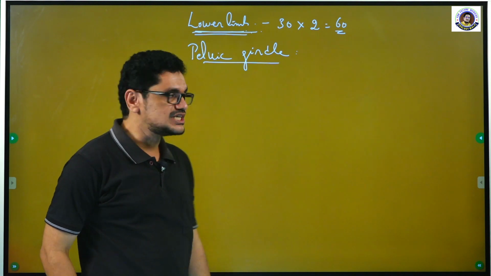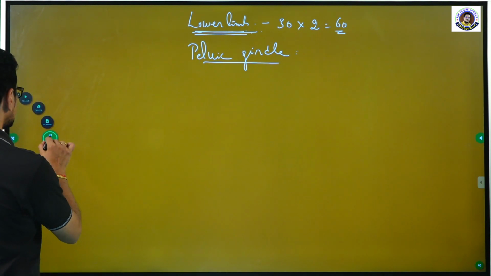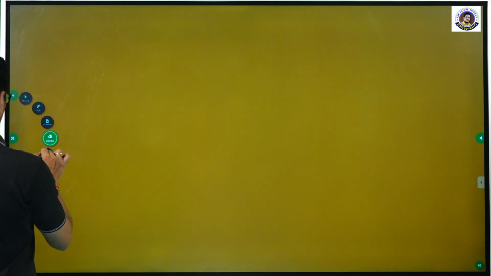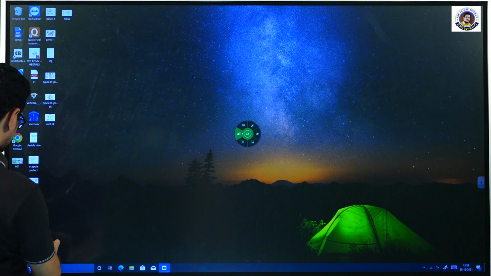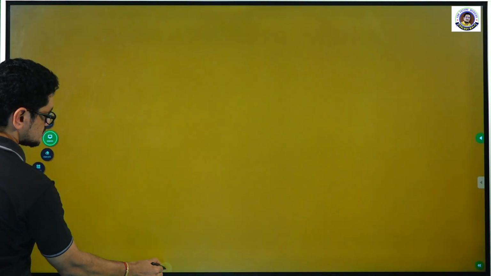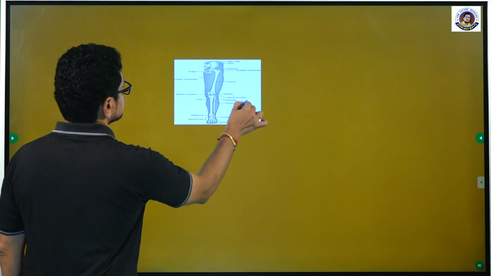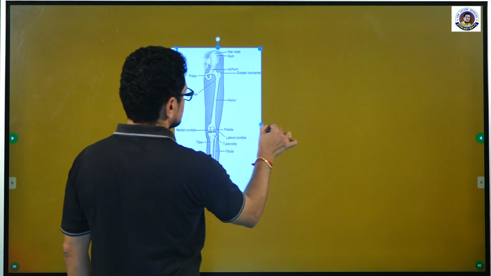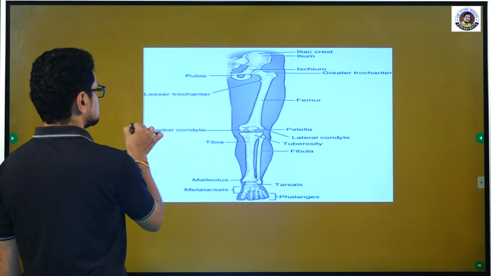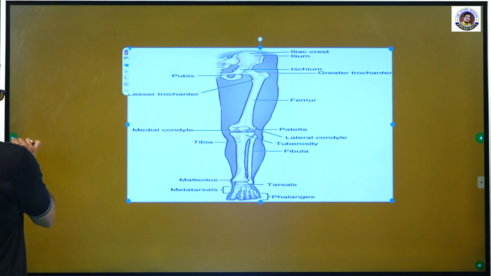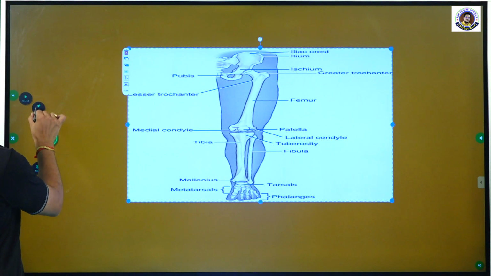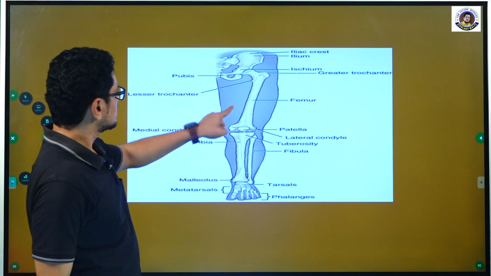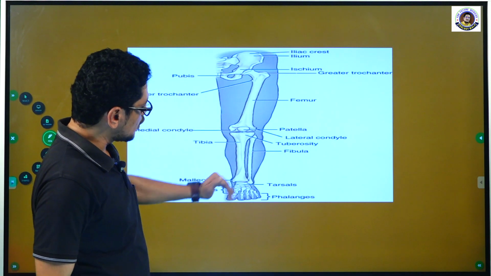I will show you the lower limb. See this, this is the entire lower limb.